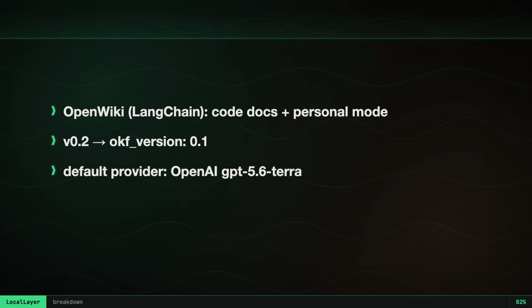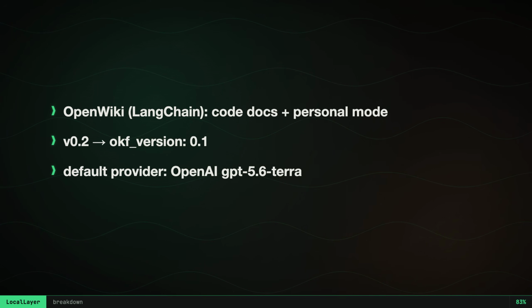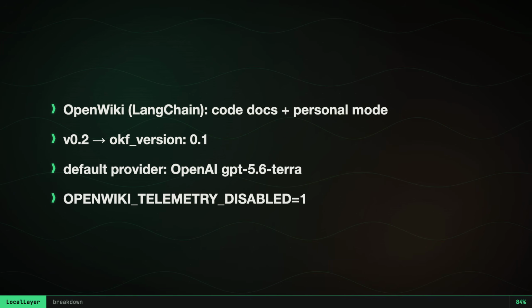It does support Ollama, listed as an OpenAI-compatible endpoint, but its default provider on first run is OpenAI's GPT 5.6 Terra. If you want an all-local run, you have to edit the .env yourself and point it at your Ollama endpoint. It also collects anonymous usage data by default. Set OpenWiki telemetry disabled tier 1 if you'd rather it didn't.